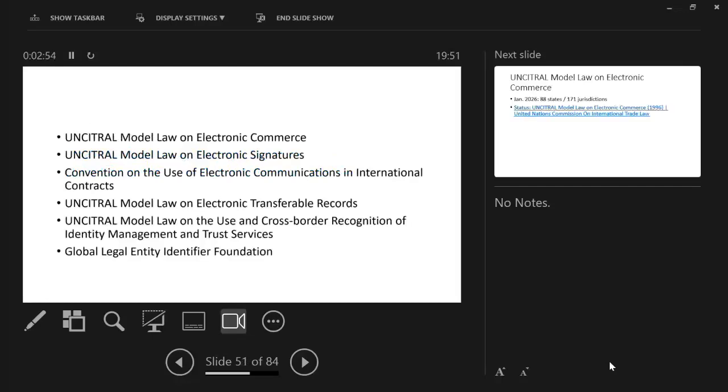UNCITRAL Model Law on Electronic Signatures. This is an interesting one, and it's interesting because think about electronic signatures. Now, one form of electronic signature is essentially where you print something out and you sign it and then you scan it.